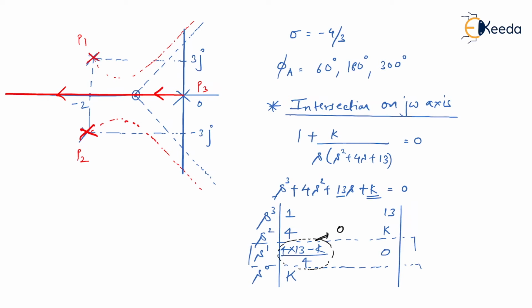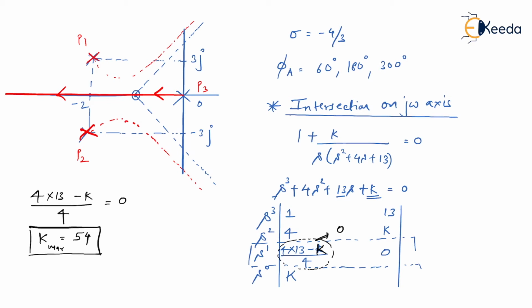So 4 into 13 minus k upon 4, let me equate that to 0. The k value that you will get is 52, and it is called the k marginal value, or sometimes the k critical value, because at this value the system becomes critically stable.